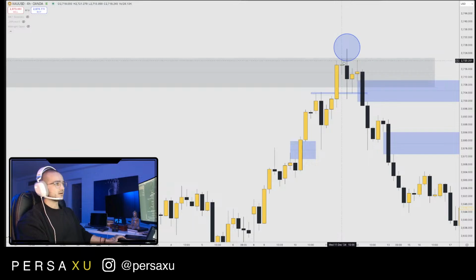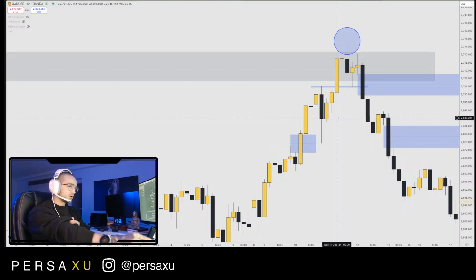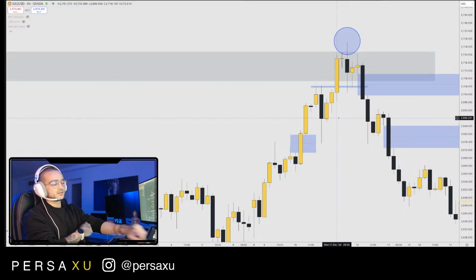This could be a very big area where buyers had their take profit levels, and when we talk about orders and stop orders, take profit and stop loss, there are stop orders. A take profit on a long position is a sell limit. Okay? And then stop loss on a long position is a sell stop.